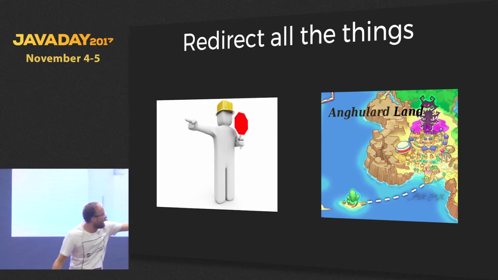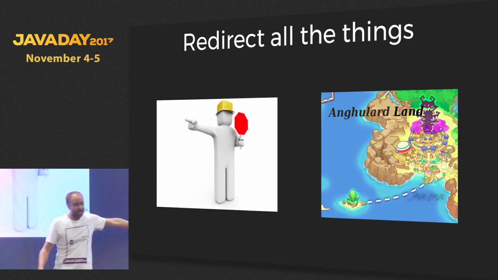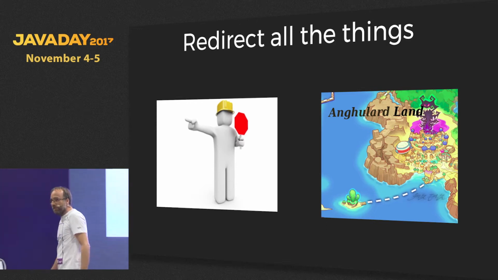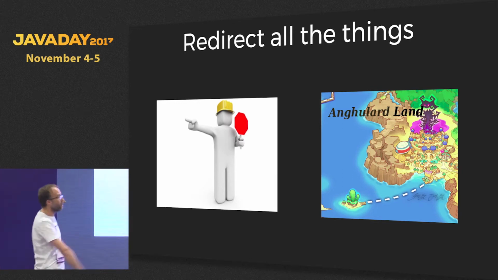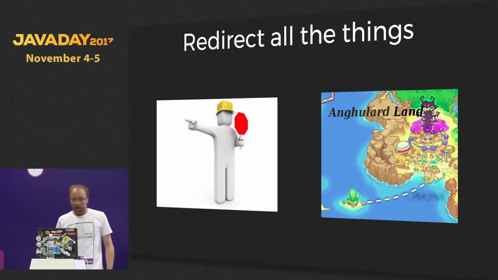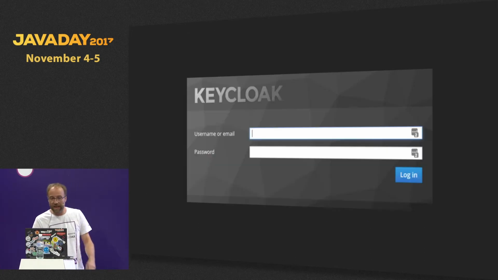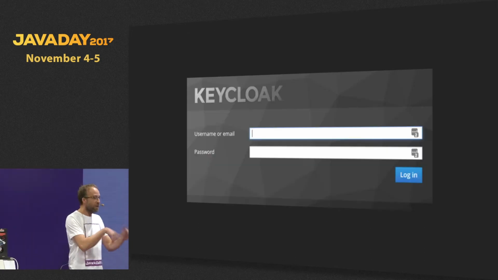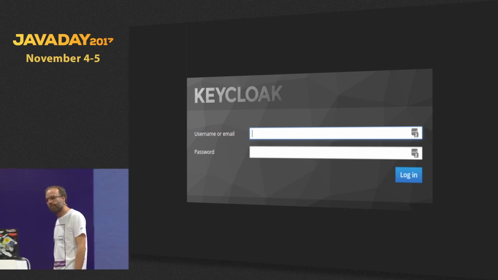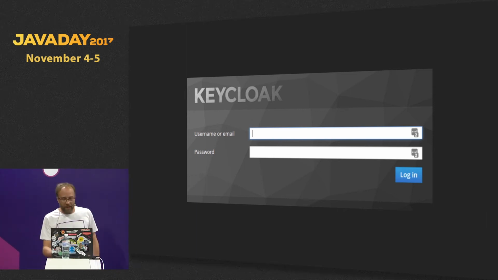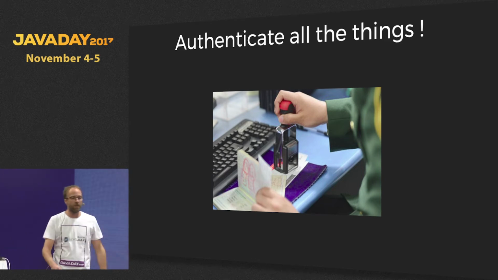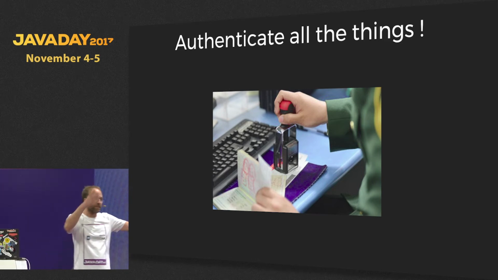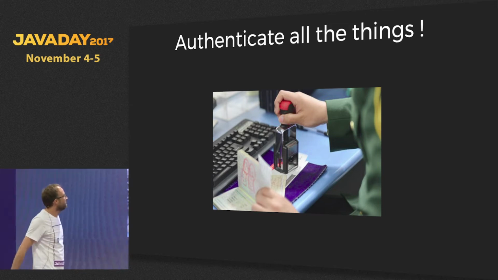So you're redirected to this small island here, that is Keycloak. And you get a real redirect, an HTTP redirect. There you arrive on the Keycloak island. You put in your credentials, and if everything is okay, you get a stamp. It's okay, you're now ready to visit all these awesome cities on this island.